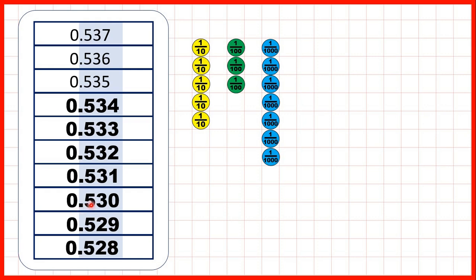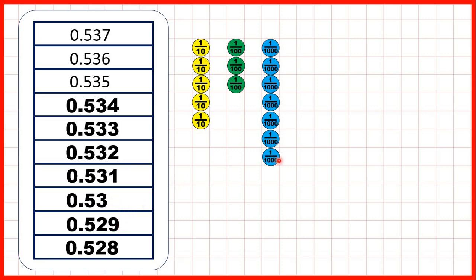So 0.530 can just be written as 0.53, because all the 0 on the end tells us is that we don't have any extra thousandths, but 0.53 tells us this as well. It's also important to notice that 0.529 is smaller than 0.53. In fact, it's 1,000th smaller, because we're counting back in thousandths.